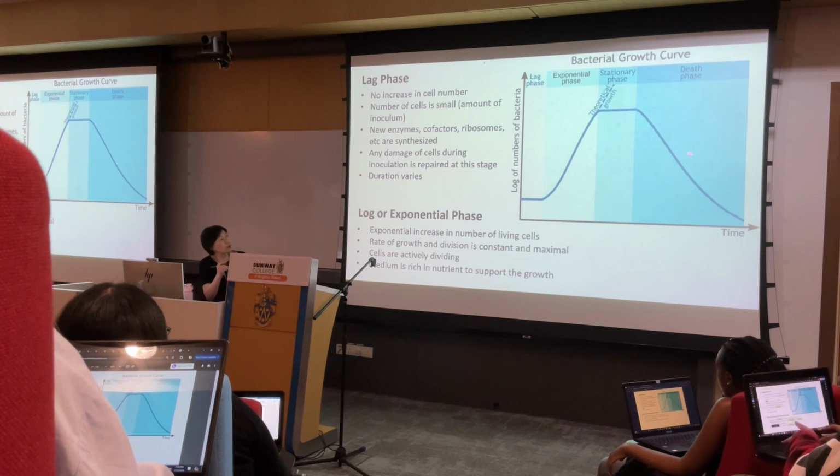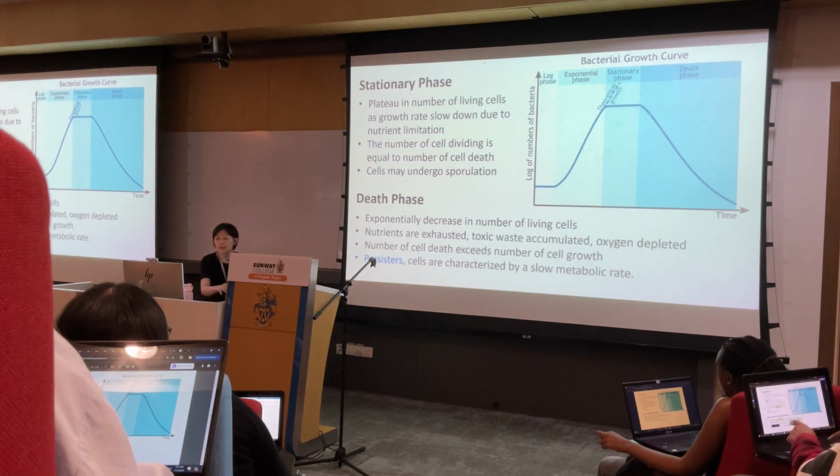And once you reach a certain number, because the batch culture has limited space and also limited nutrients, at a certain time they start to stop growing.